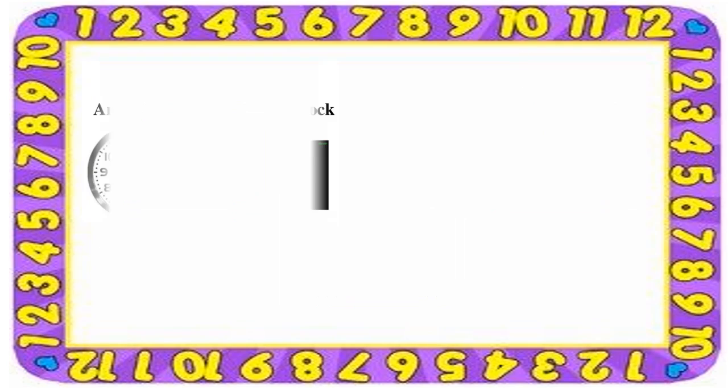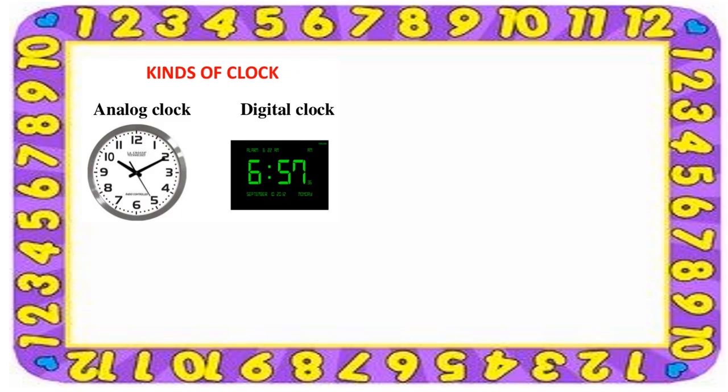So class, there are 2 kinds of clocks. How many kinds of clocks are there? 2 kinds: analog clock and digital clock.